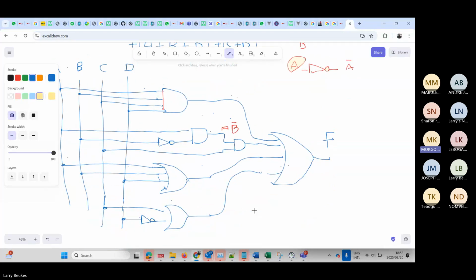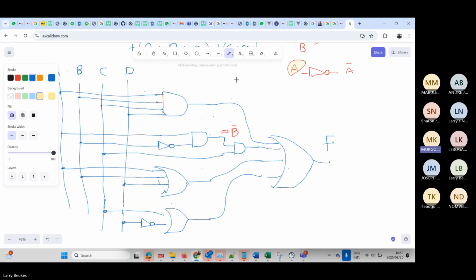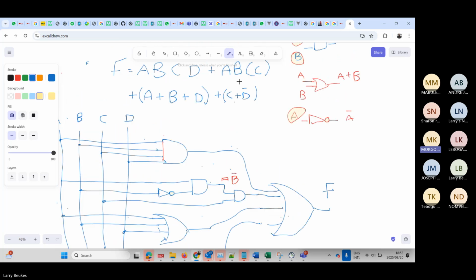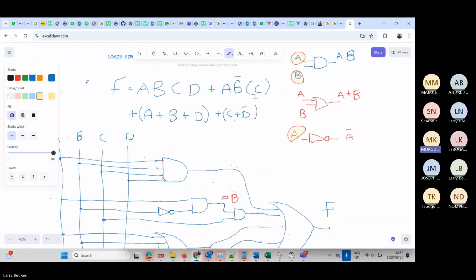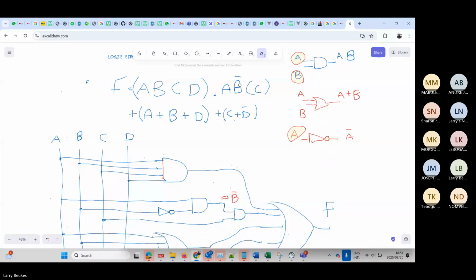My question is, we have the inputs A, B, C, D plus A, B naught, and C. So if we let's say have this one, and then the inputs are A, B, C, D in brackets, and then we remove the addition sign, and then we make brackets for A, B, C, okay?